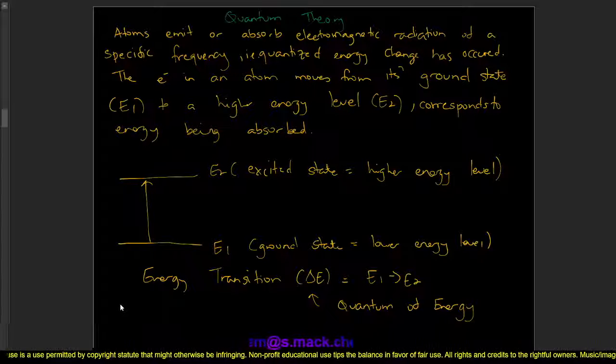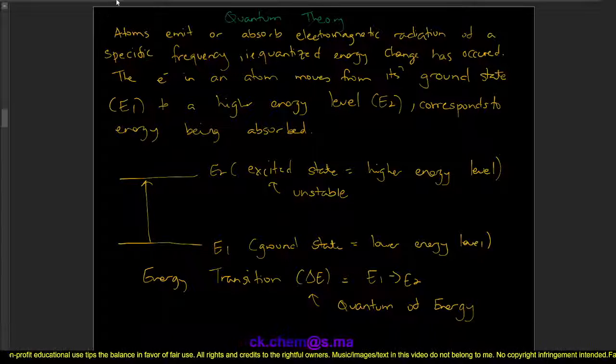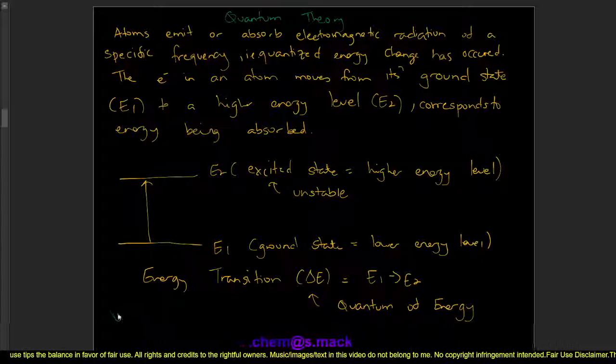Now, in my notes, I'm talking about an electron moving from a lower to a higher energy level, but I use the term excited state, and I'm also going to use another term to describe it. But in this excited state, we say that the electron is unstable. Right, so I want to add in here that the unstable electron will fall back down from its higher energy level back to the ground state.